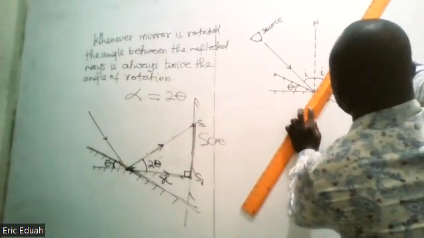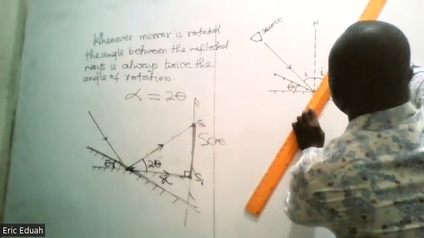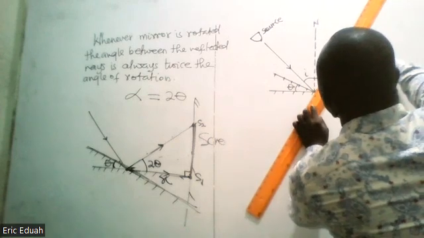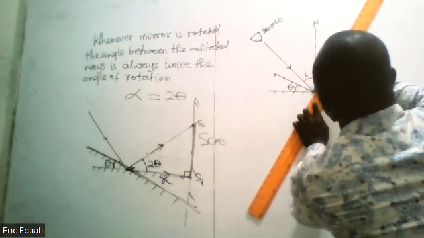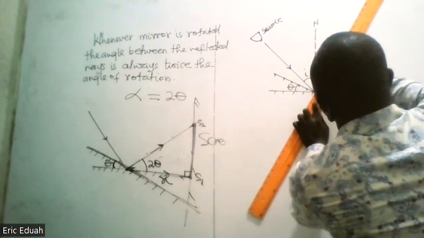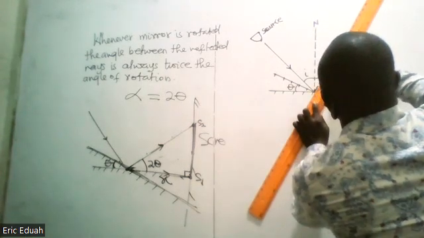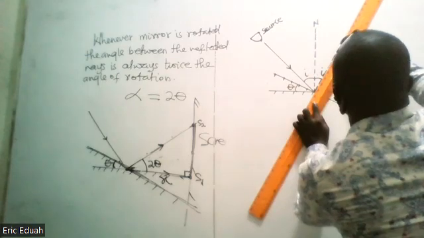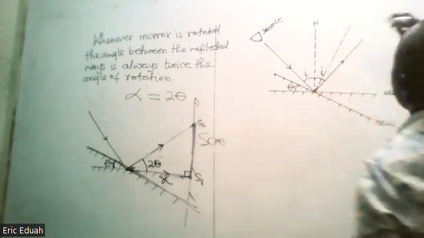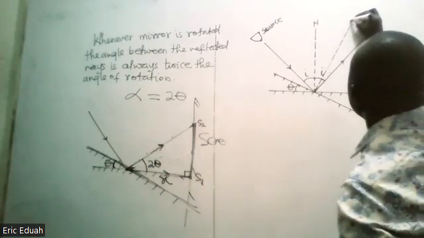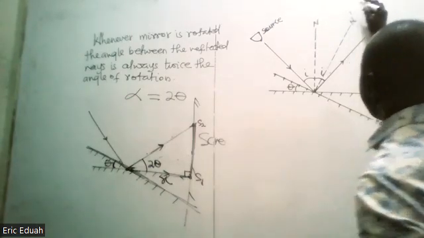So once it is rotated, the new normal must be here, and we are calling the new normal n prime.